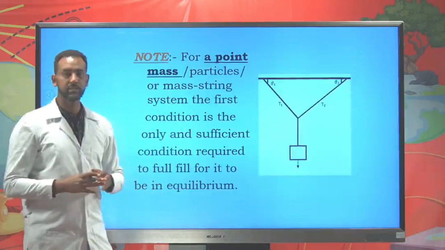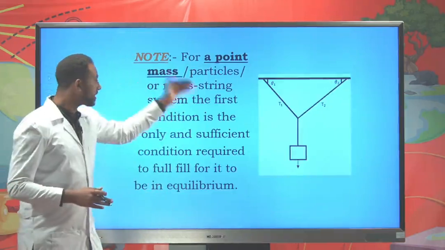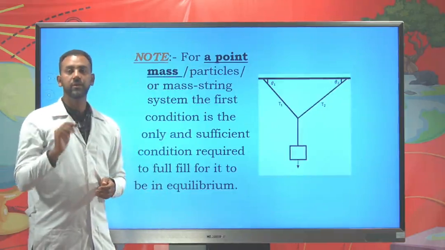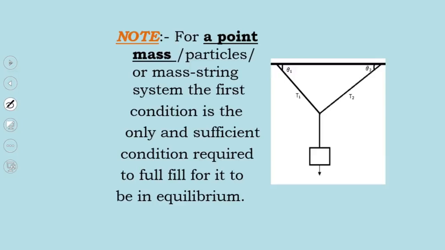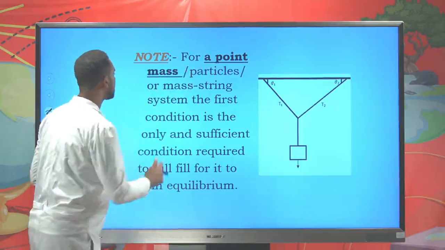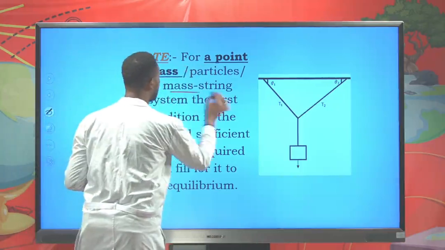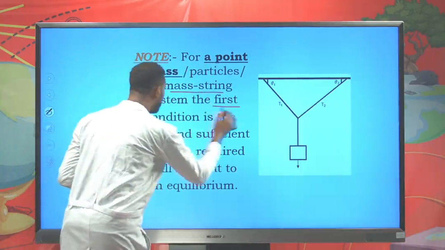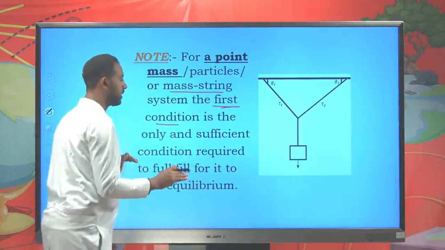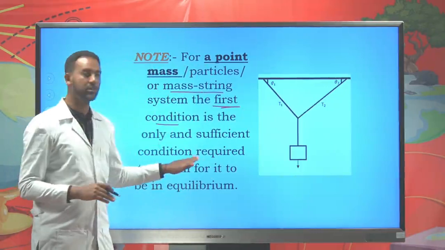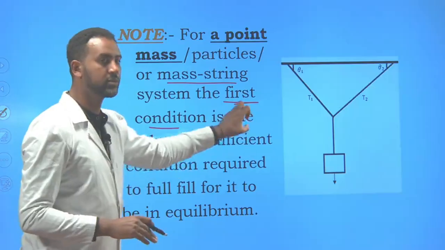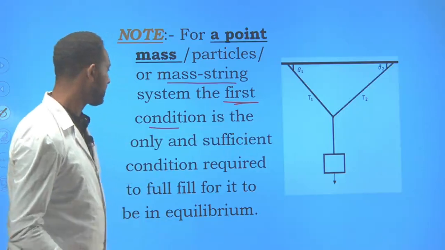For a point mass system, or a particle system, only the first condition is enough to ensure a state of balance. If the first condition is fulfilled, it's enough for such objects to be in equilibrium. So for a point mass, a particle system or a mass string system, the first condition is the only and sufficient condition required to be in a state of equilibrium.